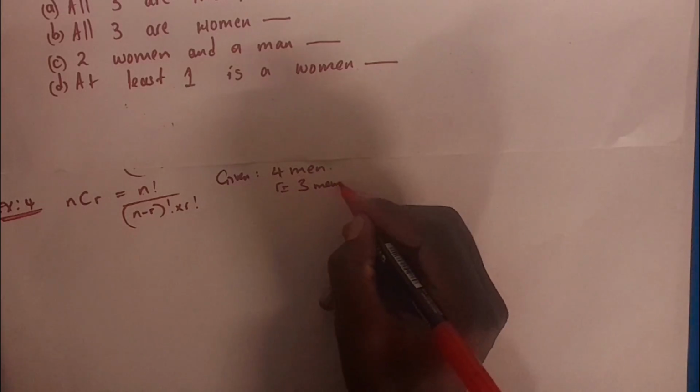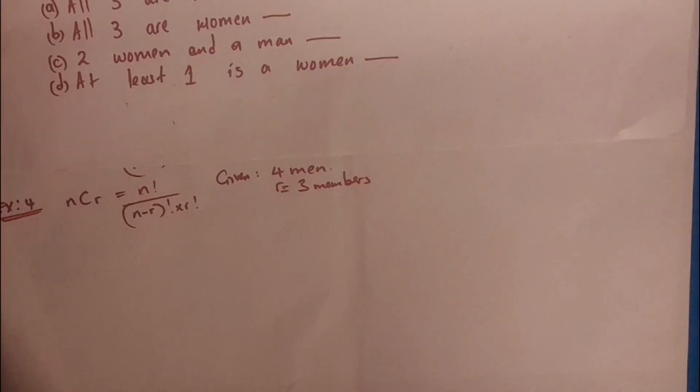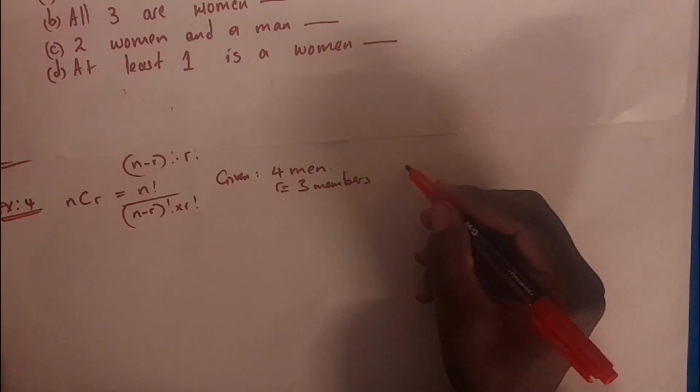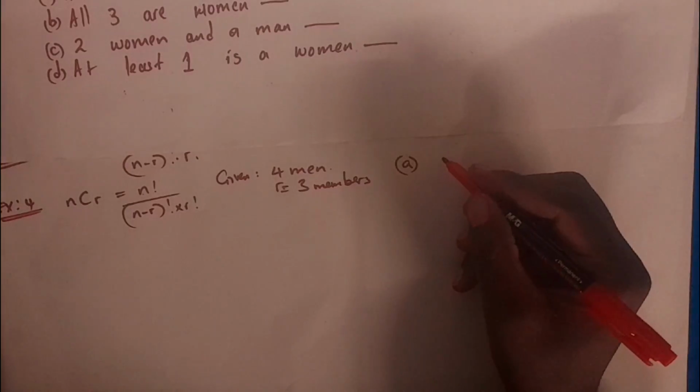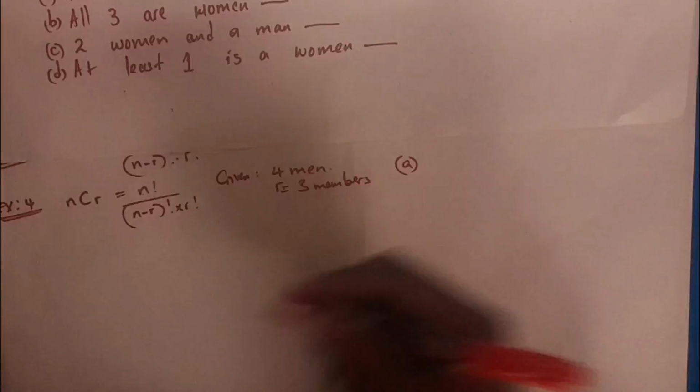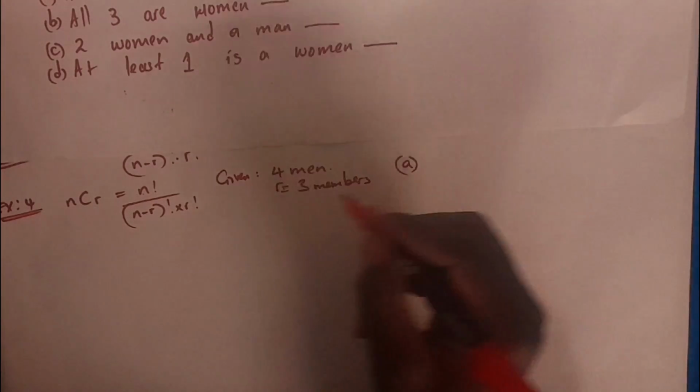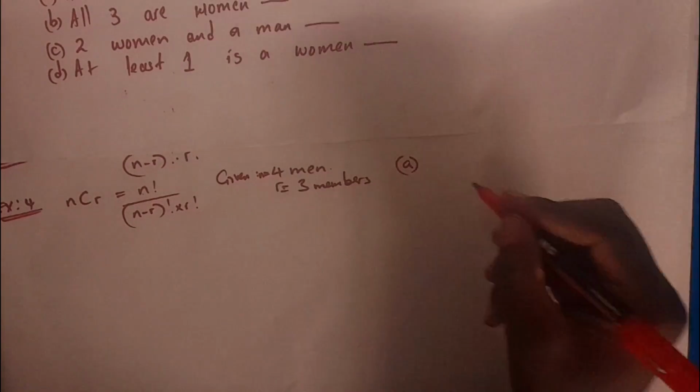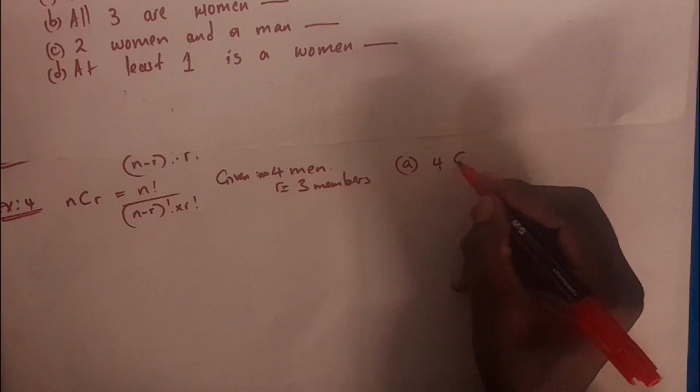We need to choose 3 members from these 4 men. So on A our n is 4, so it's 4 choose 3.